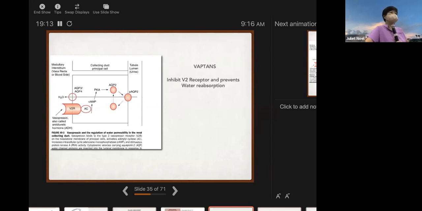It blocks the sodium, potassium, 2 chloride transport, so it blocks the reabsorption of sodium. It comes with it, it drags water. That's why you urinate. But vaptans block the aquaporin 2, so they only block the reabsorption of water. So the diuresis is really pure free water. So when you remove free water, you correct the hyponatremia.